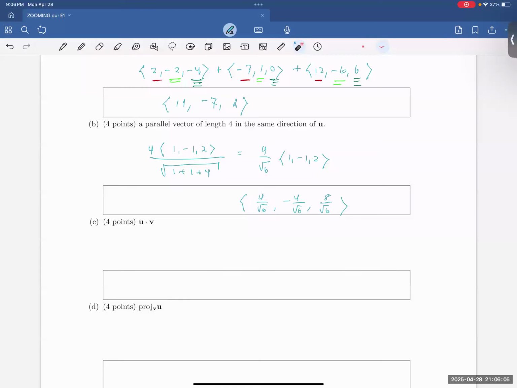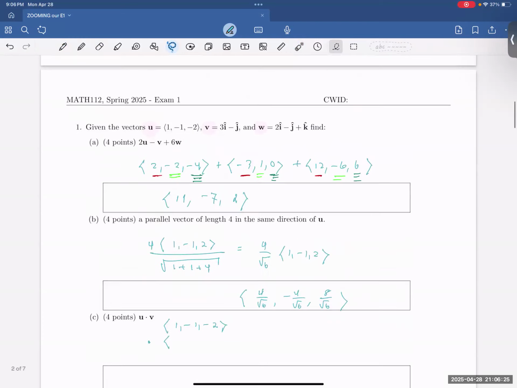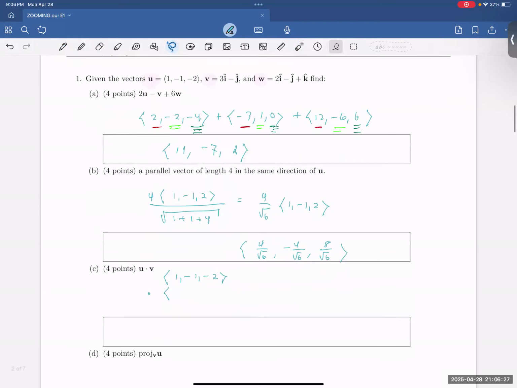Then u dot v, we take u, which is 1, -1, 2, times vector v. V was 3, -1, 0.